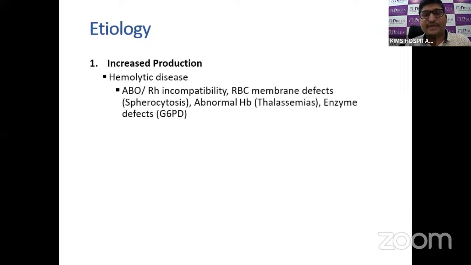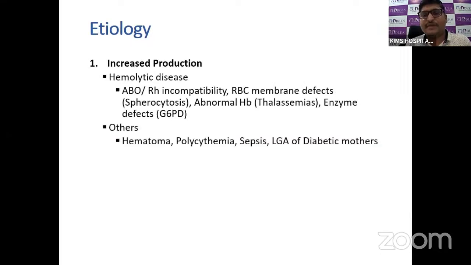So when it comes to the etiology of jaundice, we know hemolytic diseases, whether ABO incompatibility, RBC membrane defects, abnormal hemoglobin, or enzyme defects like G6PD.